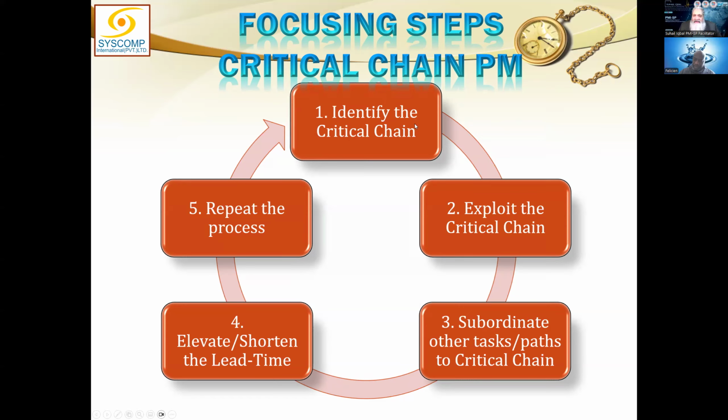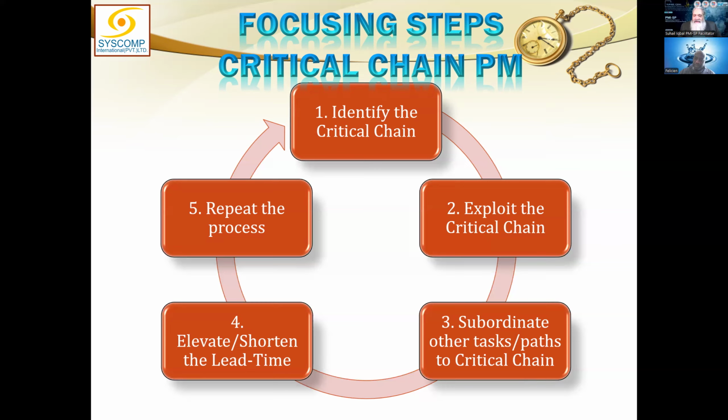It says identify the critical chain, meaning the critical path. Exploit the critical chain. Subordinate other tasks and paths to the critical chain, meaning all the other paths must respect the critical path, which is the critical chain.